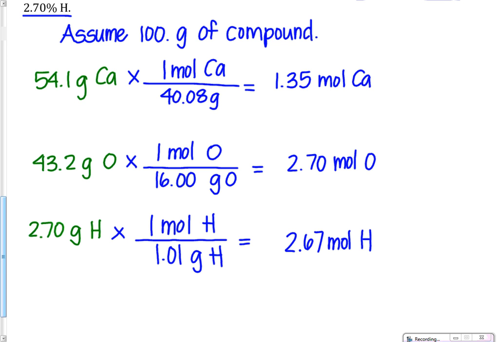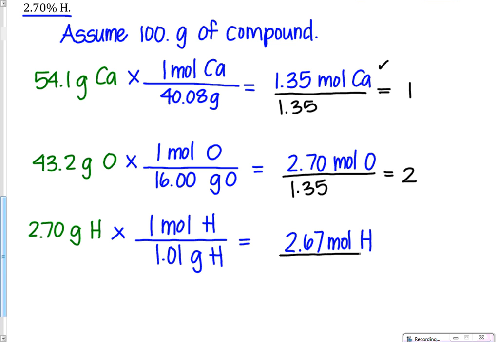So step 1 is the one that takes the longest, converting all of your givens to moles. If you look at step 2, it says to find the smallest number of those moles and divide everything through by it. So the smallest number is this one here. If I divide 1.35 by 1.35, I'm going to get exactly 1. If I take 2.70 and divide by 1.35, I get exactly 2.